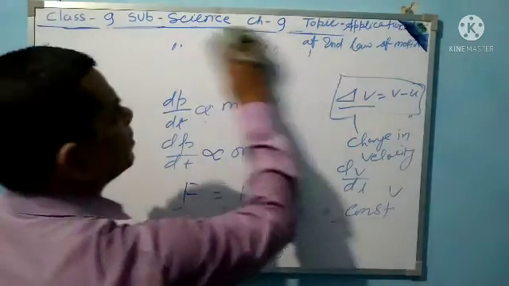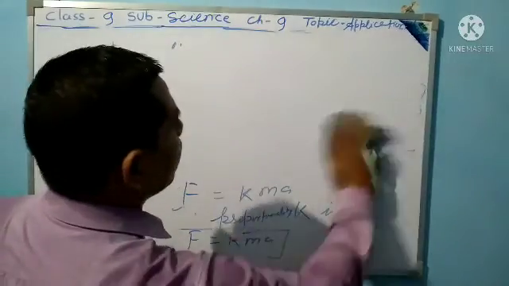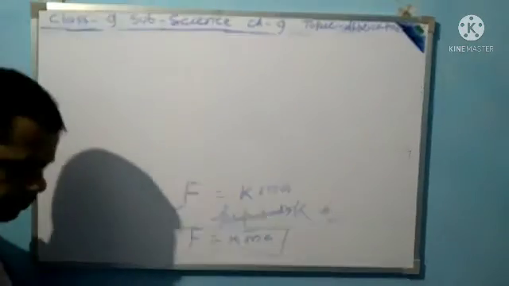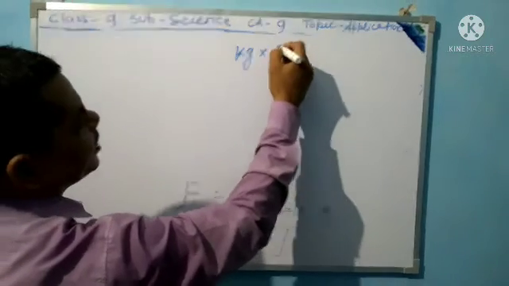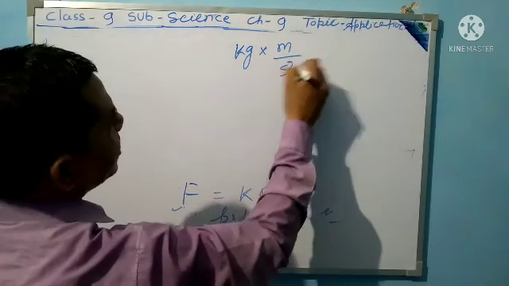It is called Newton because the law was given by Newton. The mass is in kg and acceleration is in meter per second square.